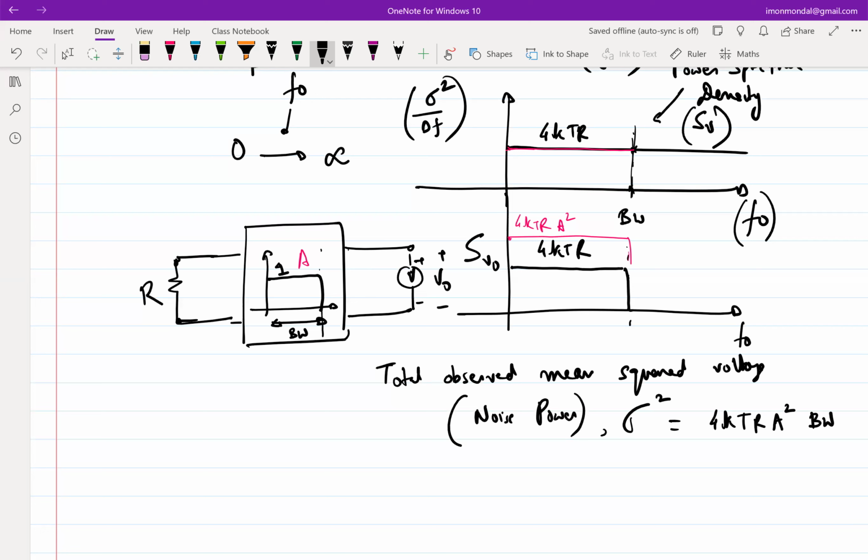Okay. Fine. So now, do you readily see an issue with this in terms of if you have to make a wideband receiver? When I say wideband, I essentially mean that this BW is higher with respect to something, right?